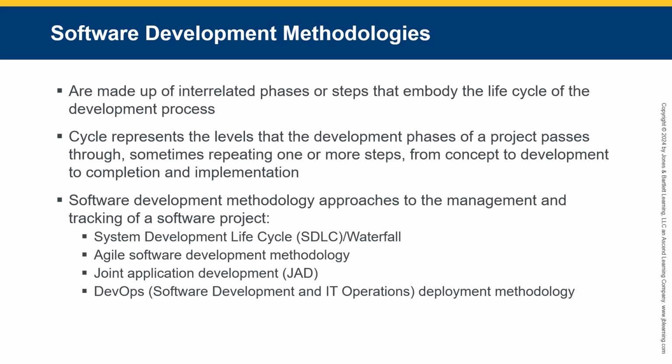Software development methodologies, approaches for managing and tracking software projects, are typically like the SDLC, also known as a waterfall. We also have things like Agile or joint application development or just general DevOps. These are not an exhaustive list of methodologies, they're just some of them.